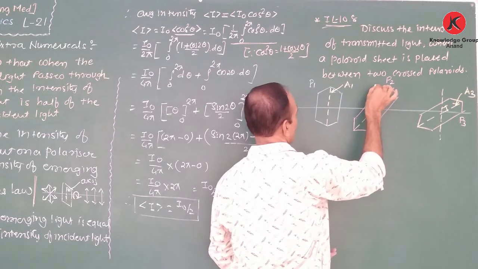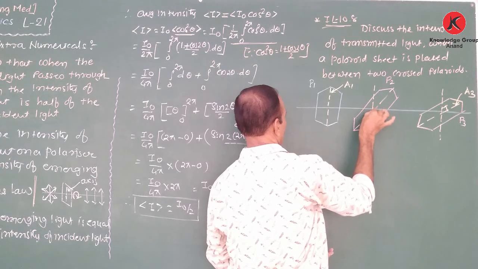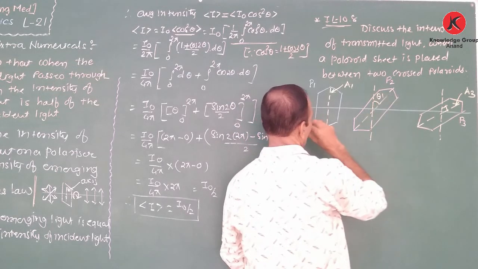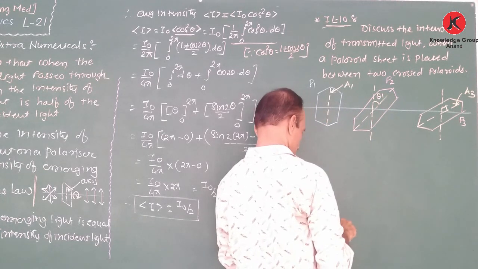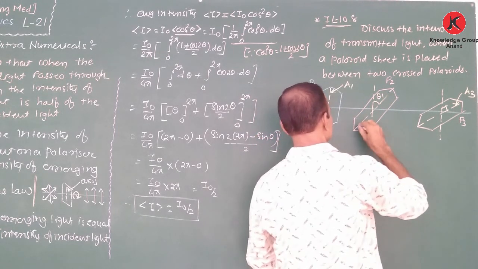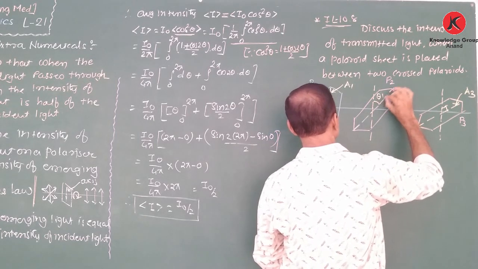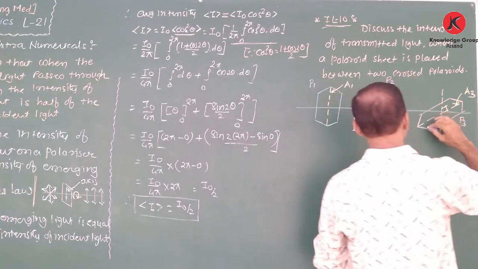It makes an angle theta with the axis of the first sheet. So this axis is drawn here.